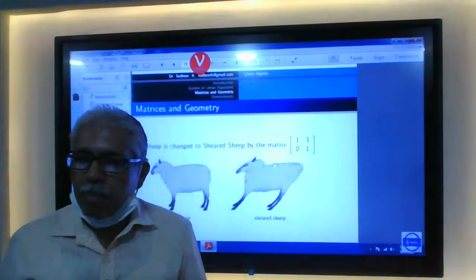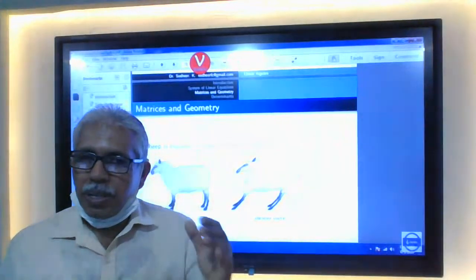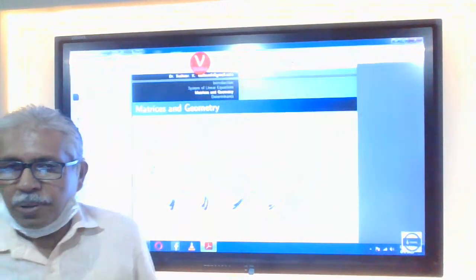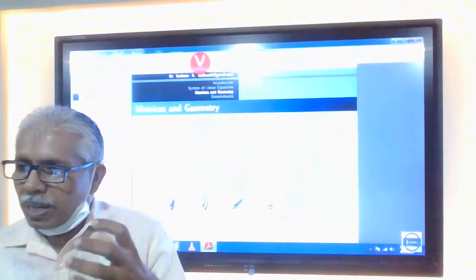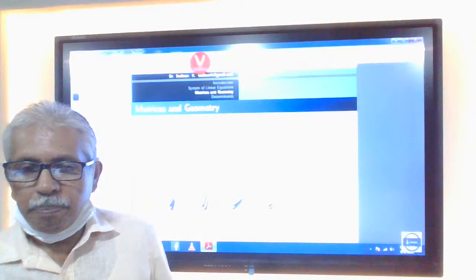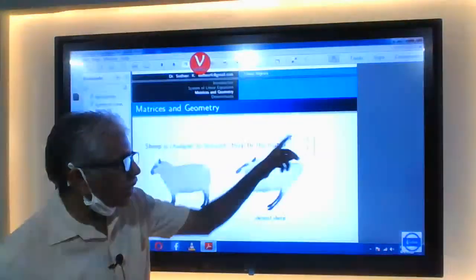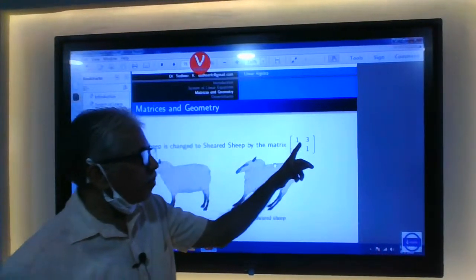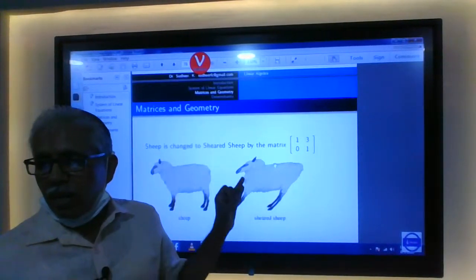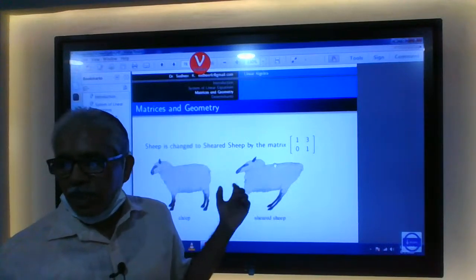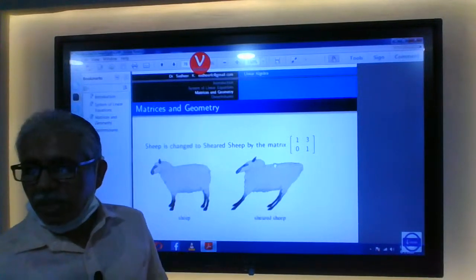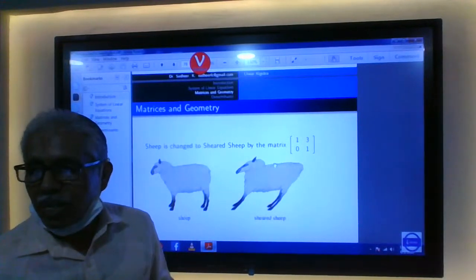So the role of determinants is also there in studying geometry. The right shearing matrix has two properties: it is upper triangular, and it has positive determinant. If you have an upper triangular matrix with negative determinant, it can make the left shear.